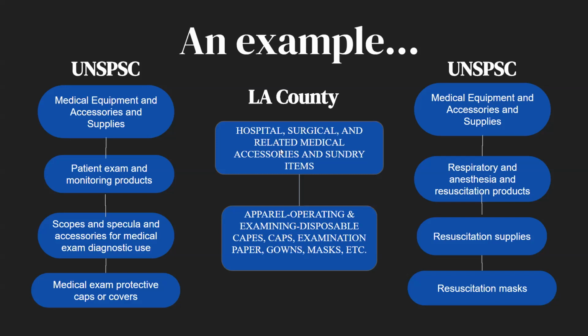And the LA County standard in the middle is a broader standard that would encompass both of these. So the issue that we have is that since the UNSPSC is so much larger, we have multiple standards, oftentimes more than even two standards, that fit into the same standard inside the Los Angeles County standard.